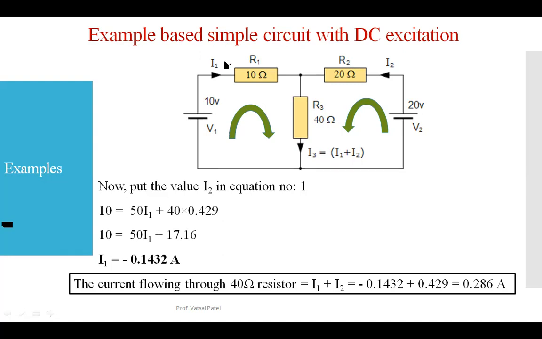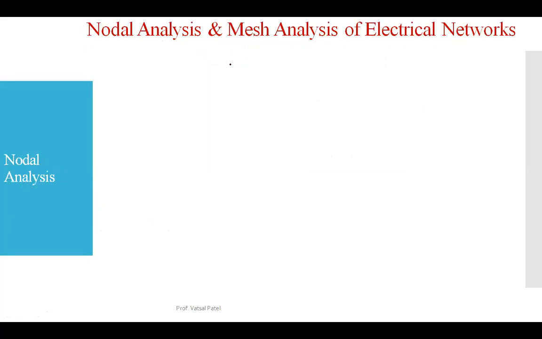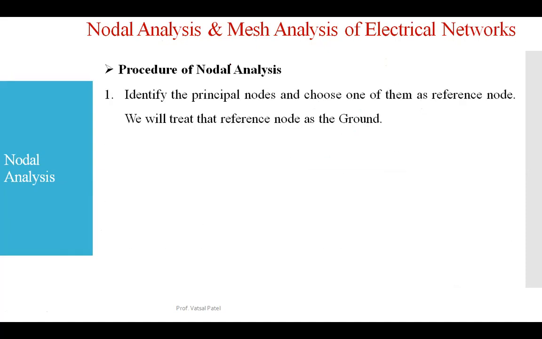So now we go for the node analysis method. First of all, I will show you the procedure steps, what we are going to do in the nodal analysis method. The first step is to identify the principal nodes, how many nodes you have in the circuit. Choose any one of the nodes as a reference node, and we can treat that node as the ground node.